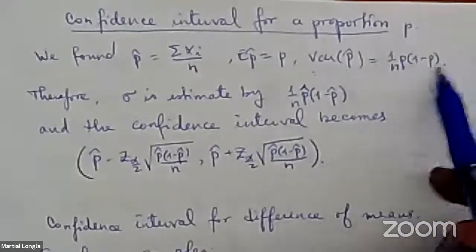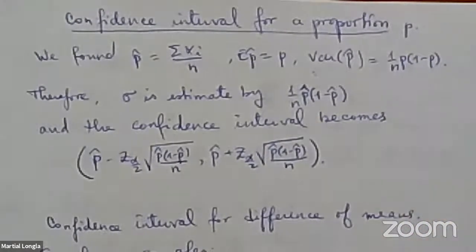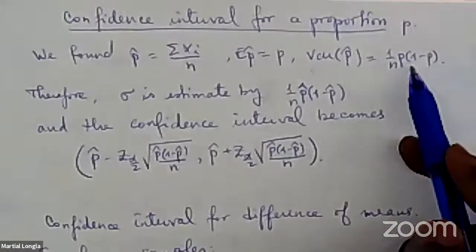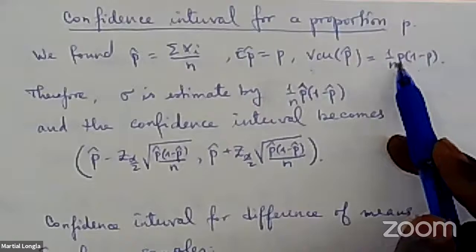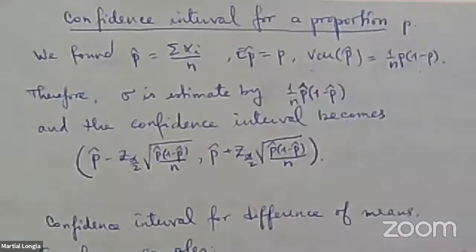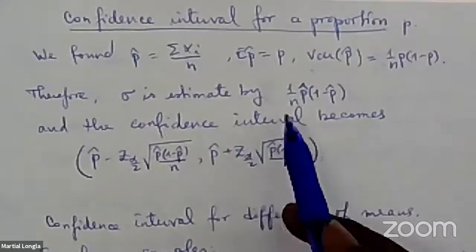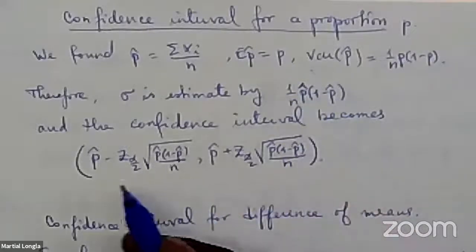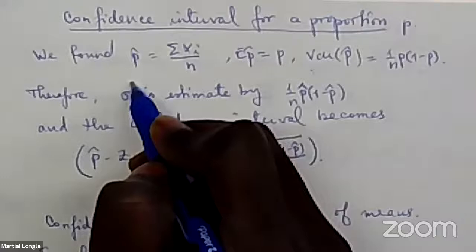So you can see we don't know this variance, so we find an estimator of this variance just by replacing p by its estimate, which is p hat. So we replace that, and we have an estimator of sigma squared.